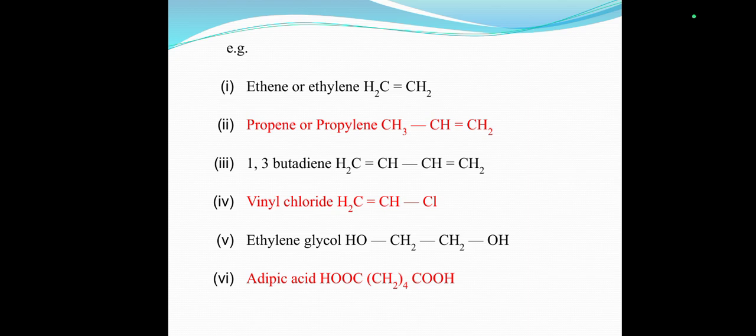Then ethylene glycol. In ethylene glycol you see two OH groups are there, as we saw that we require at least two OH groups. Then adipic acid. In adipic acid, two acid groups are there in the molecule.